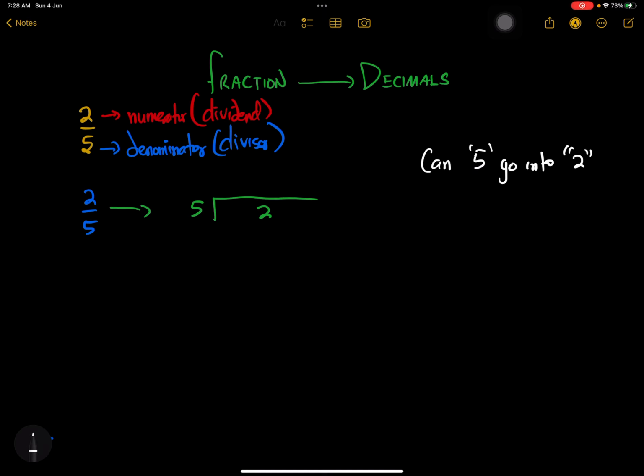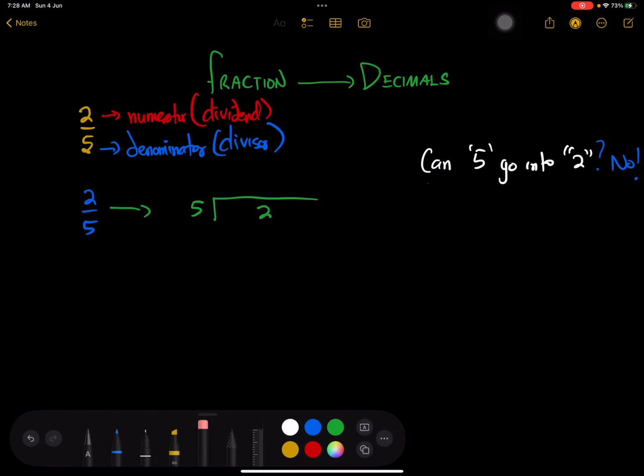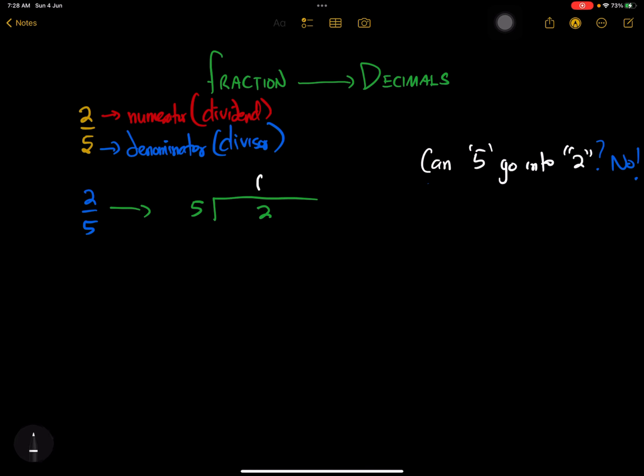Is it possible? The answer is no. So if it's not possible, we put a 0 on top of the 2, because it's not possible for 5 to go into 2.